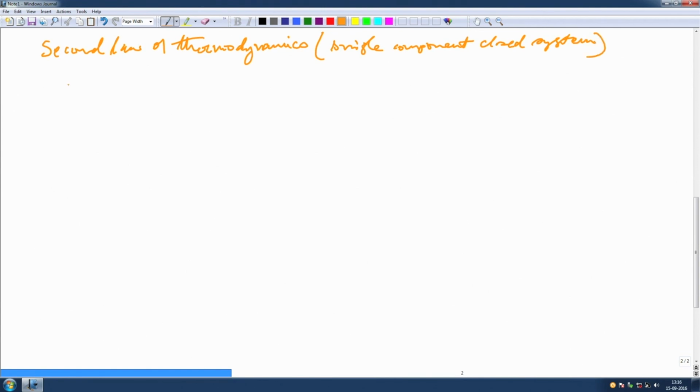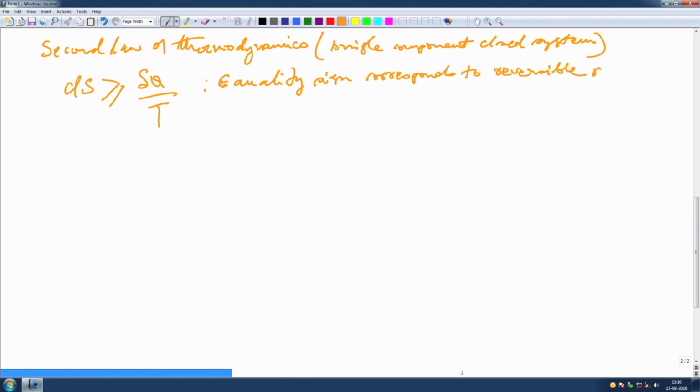In that particular case, if you recall the second law, the Clausius inequality, the equality sign is greater than or equal to, right. The equality sign, as we know, corresponds to the reversible process. This is what we all know, right.